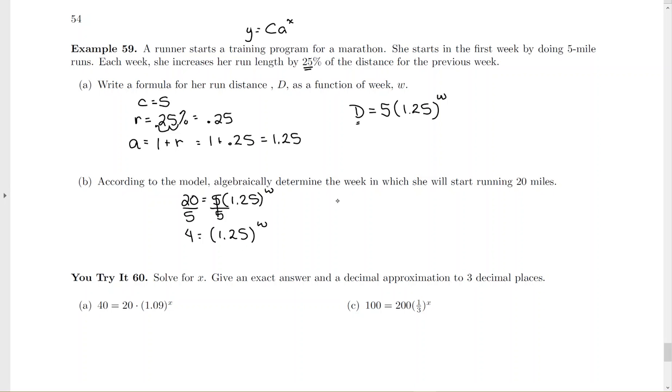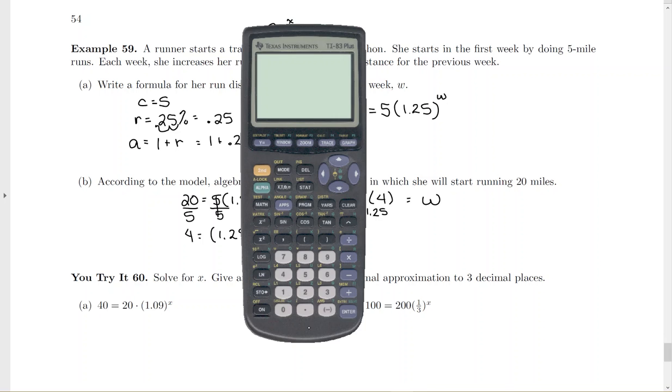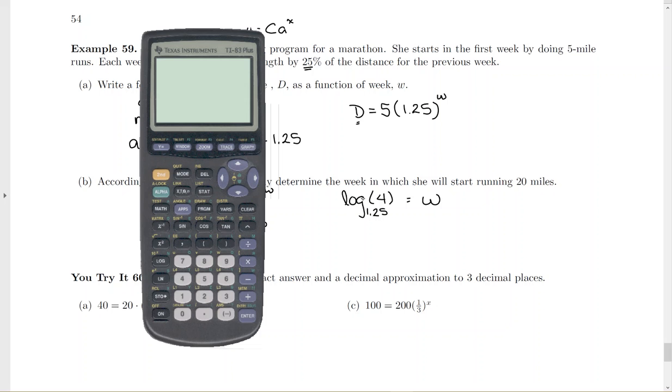Rewrite it as a logarithm. And then that's equal to the power. So with your calculator, again, if you don't have the button on your calculator like this one doesn't, then you're going to have to do change of base. You do log 4 divided by log 1.25.